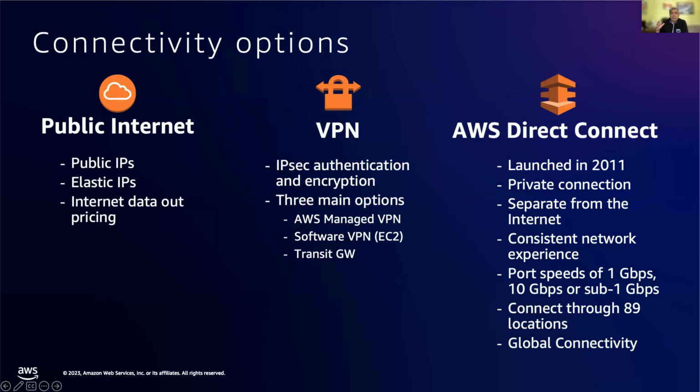The whole point of Direct Connect is to have a consistent network experience, so you're not subjected to the vagaries of the public internet, performance and latency and so forth. Direct Connect gives you a very consistent network experience.